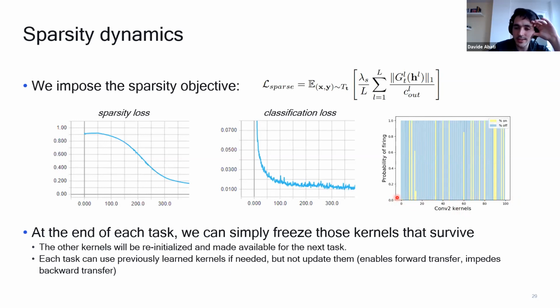And those kernels will be frozen for future tasks. Future tasks will have their own gating modules, and these gating modules can select these yellow kernels, but cannot update them. So if some particular kernel is useful, it can be used. We can fire for that kernel, but it's not updatable, right?